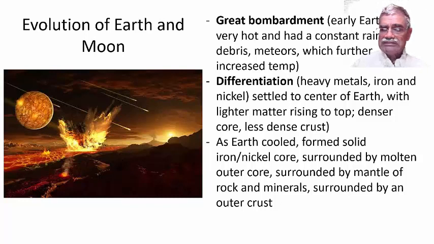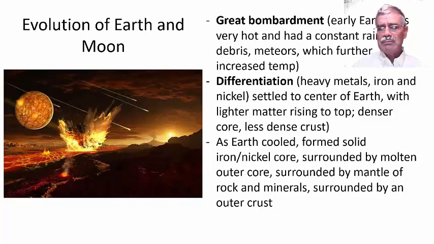And in fact, as the Earth was first formed, remember the nebular hypothesis, the condensation of all the chunks of matter in a particular region from the sun, the Earth was a pretty hot place due to not only the forces of gravity pulling things together, but also what is called the Great Bombardment.